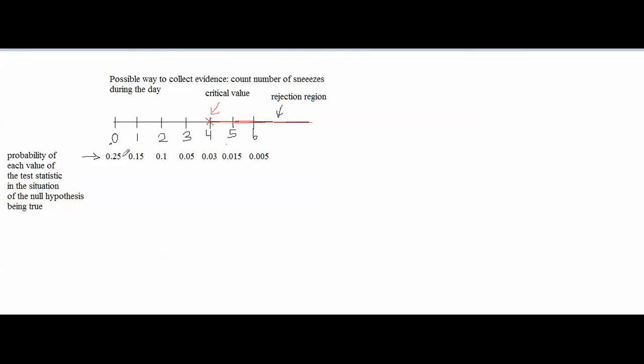Now these probabilities down here will tell us which outcome should be the critical value. But in order for us to find out which value should be the critical value, we have to add the probabilities in a certain way. And I'll tell you the way that we have to add them.